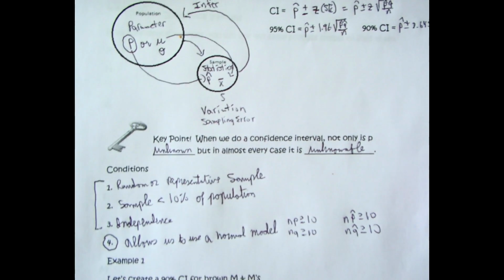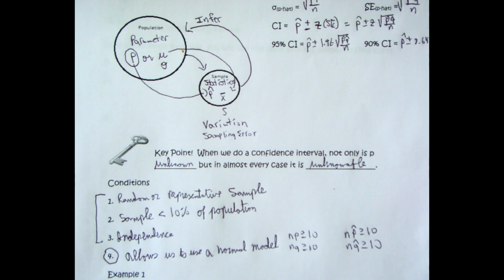Okay, so those are going to be our conditions when we're dealing with means and proportions. Going forward, we're always going to use those when setting up our inference procedures.